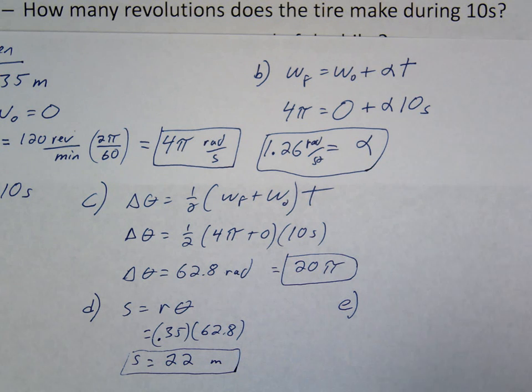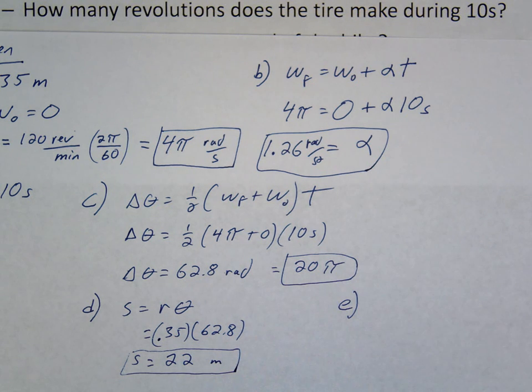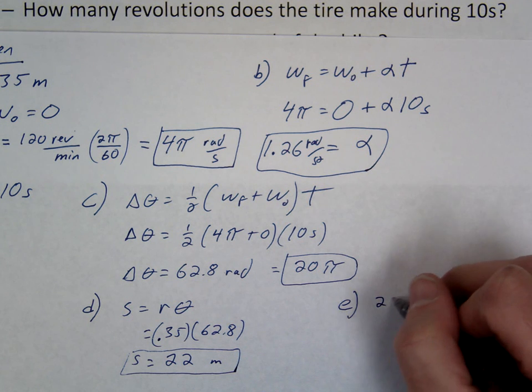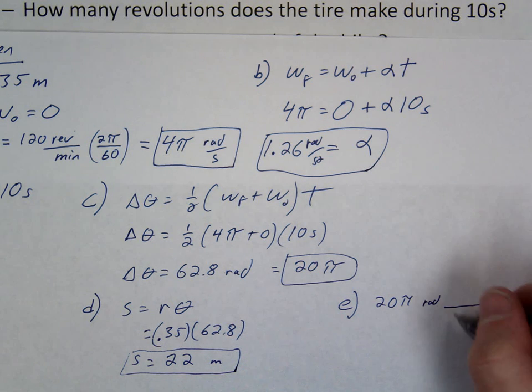Because one revolution, what's the angle of one revolution? 2 pi, right? And so if we're going 20 pi, then how many revolutions must we have gone? 10 revolutions, yeah. So 20 pi, remember that's 20 pi radians, and one revolution is 2 pi radians.